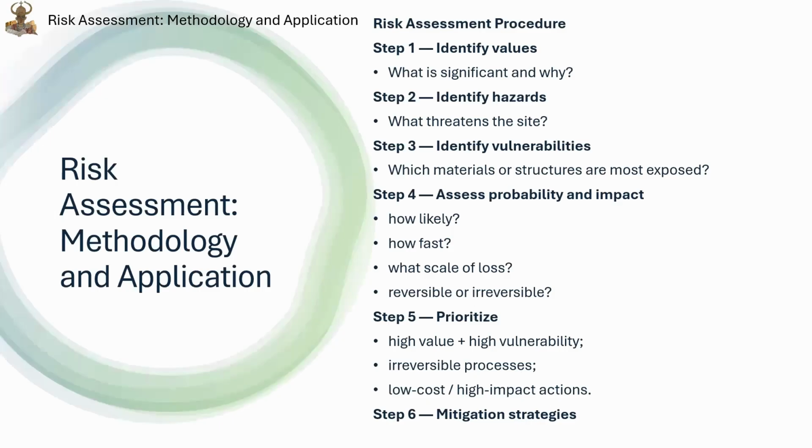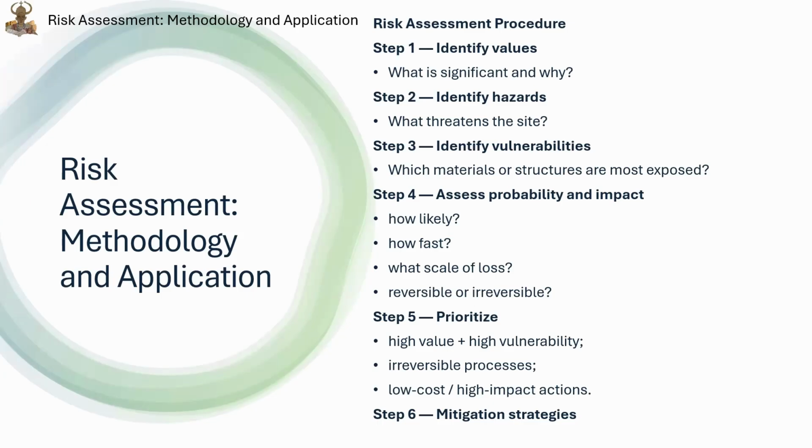And here is the main slide of this risk assessment part, because this process can be organized into 6 practical stages. First is identify values. Second, identify hazards. Then identify vulnerabilities, assess probability and impact.